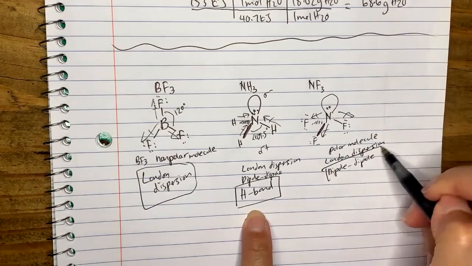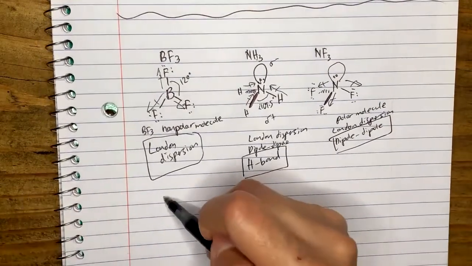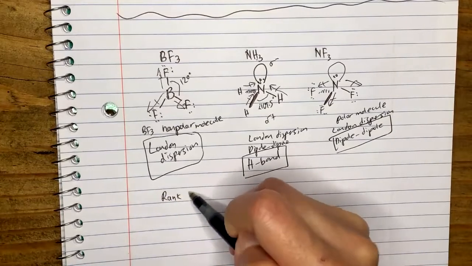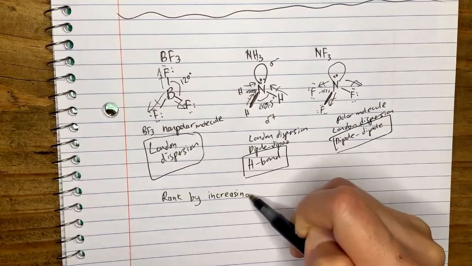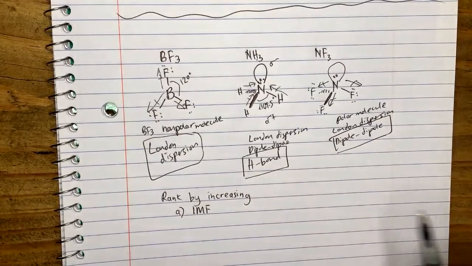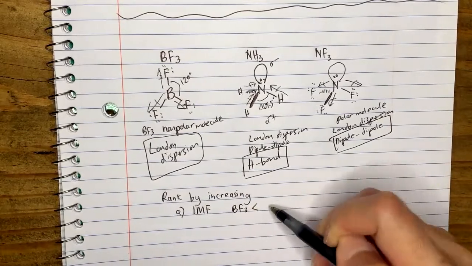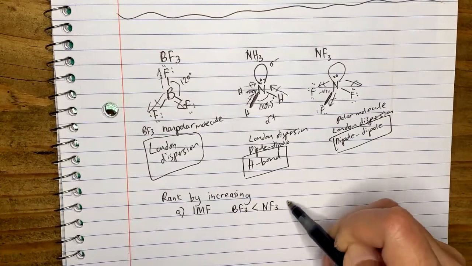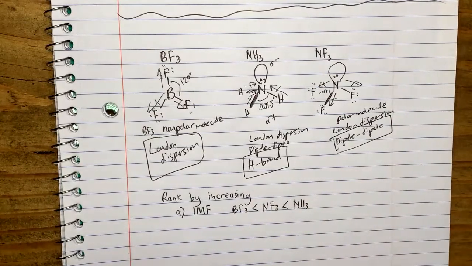So you can see how if you're ranking intermolecular forces, okay? Rank by increasing intermolecular force, IMF. BF3 goes up to NF3, goes up to NH3, agree? That's increasing intermolecular force.